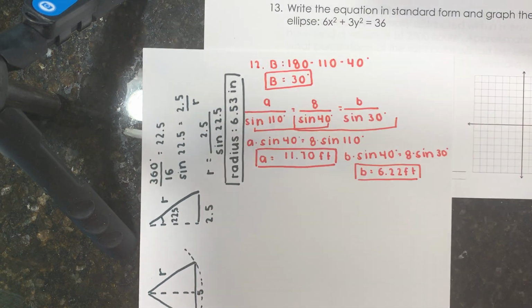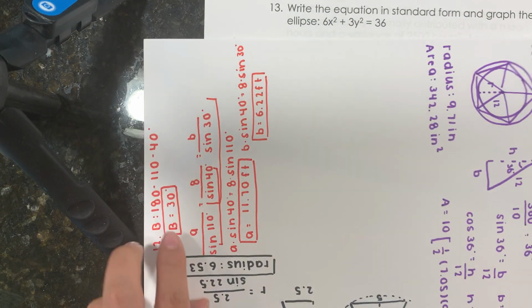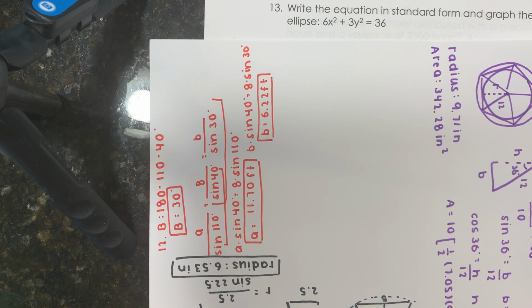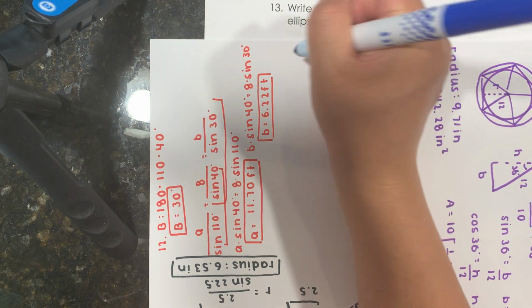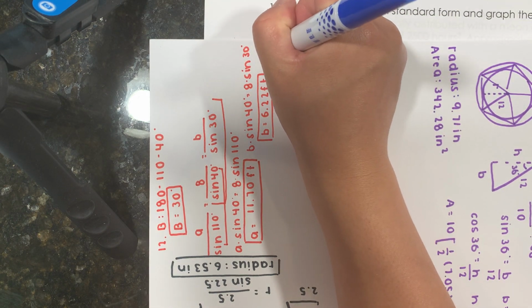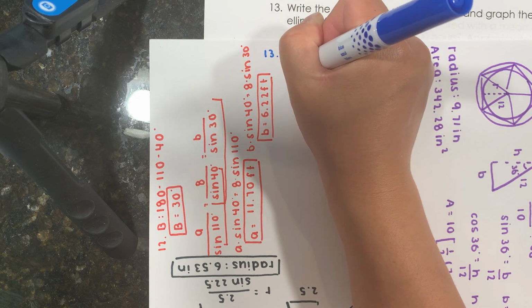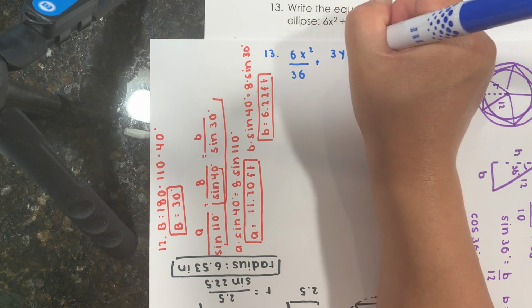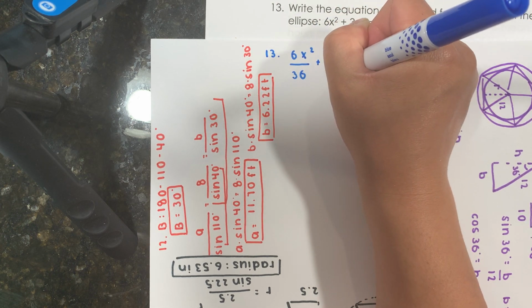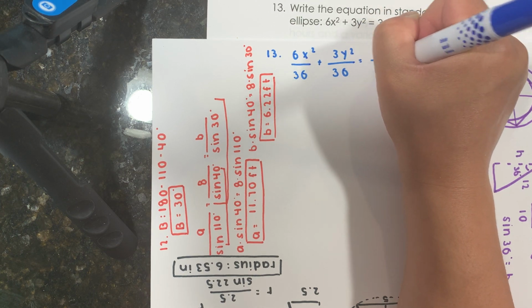Now looking at number 13, all we have to do is change this into standard form before we graph it, which means I need to divide everything by 36. So for 13, I'm going to get 6x squared over 36 plus 3y squared over 36 equals 36 over 36.